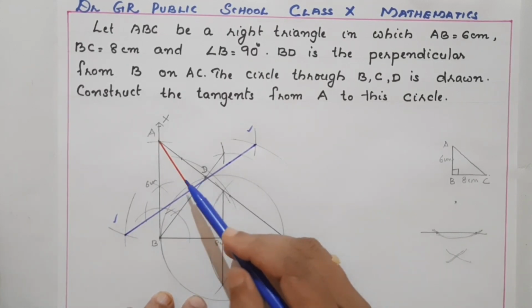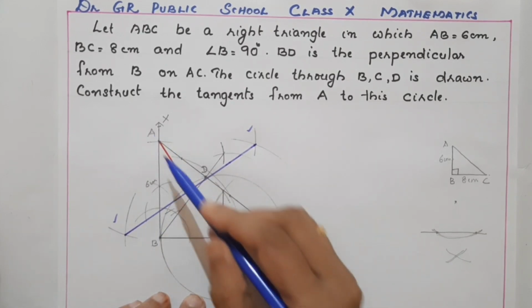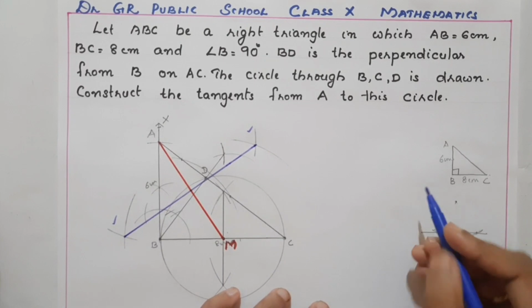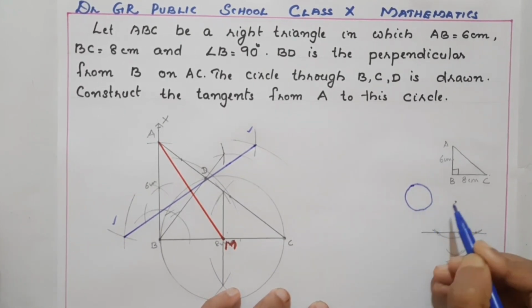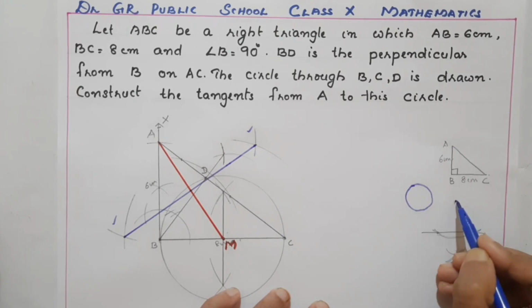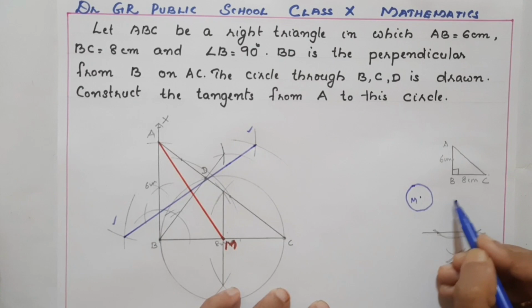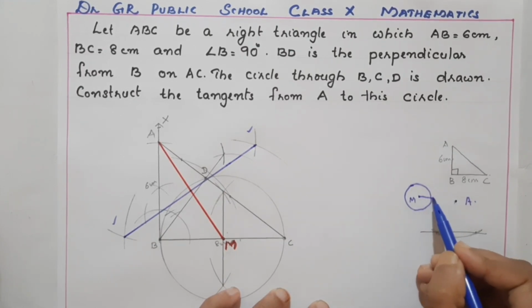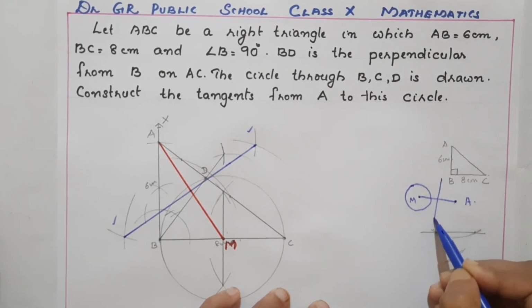Now after drawing the perpendicular bisector for this line segment, how will you get the tangent? Suppose you have the circle like this, and the exterior point here, this is the center M and this is the exterior point A. First we will join these two and then we will draw the perpendicular bisector.